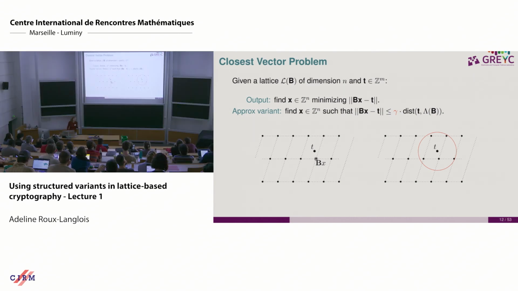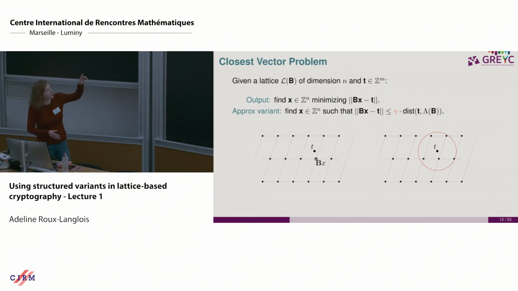And there is another class of problems on lattices. So we saw the shortest vector problem, and there is also the closest vector problem. So it's a bit different. Now I give you a lattice and a target, T. And the problem asks you to find the shortest point of the lattice which is the closest of T. Okay, so the closest vector problem.